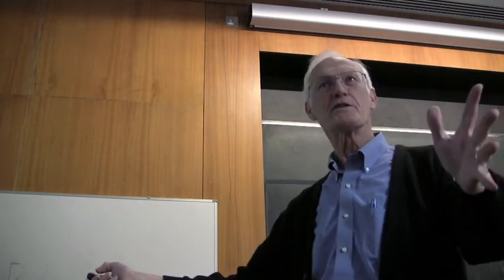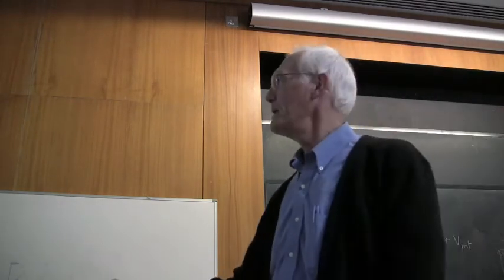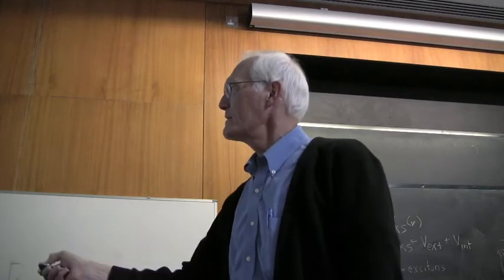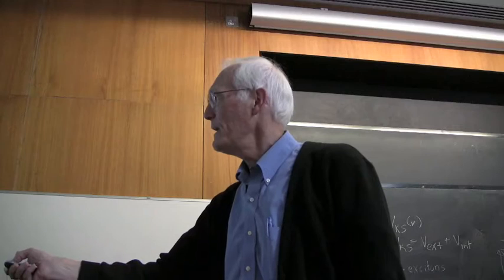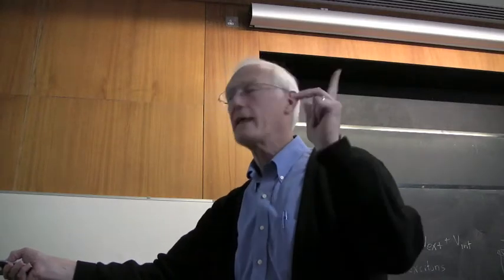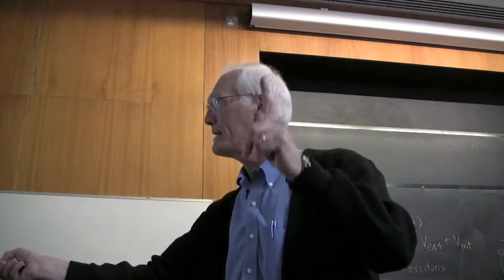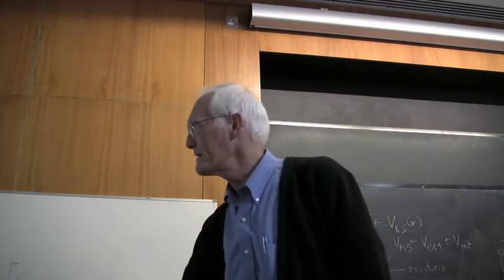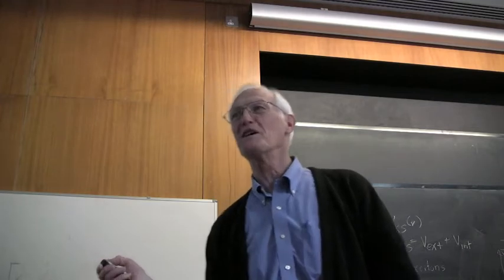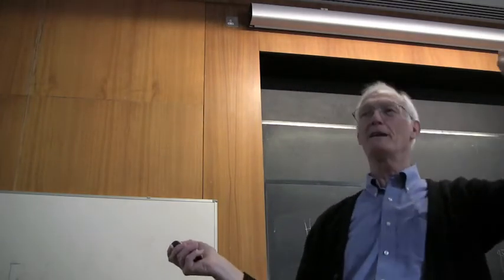If you have a functional, you can just work it out. Now solve that for chi, and you get this nice expression: chi naught, the thing you can calculate, divided by 1 minus chi naught times K. This is exactly what's called the random phase approximation, used in many, many places.